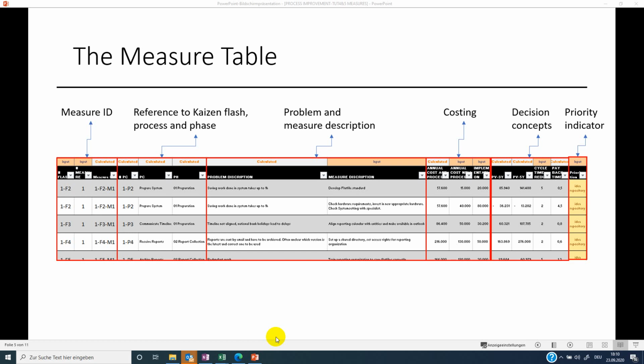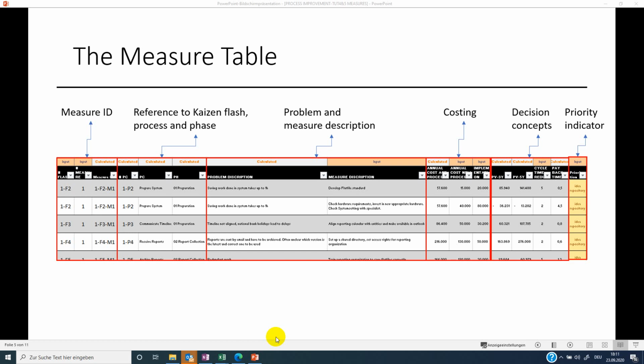From a PDCA perspective, it's again important that the measure ID corresponds to a Kaizen flash, which is the problem or the potential. The Kaizen flash then again relates to a process, and later on we will see that the KPI that gives us some information on the effectiveness of a measure can then also be related to the before mentioned.